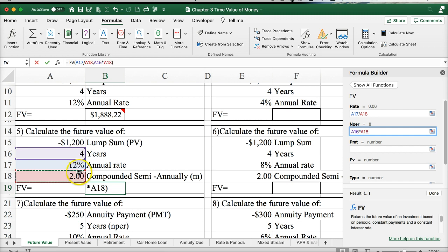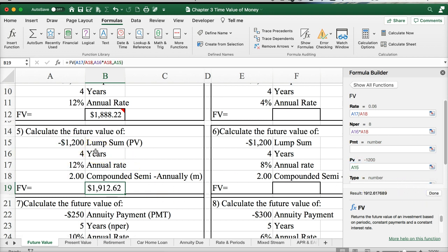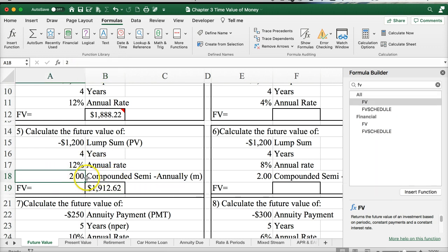This denotes that it's compounding twice a year. So I have to divide the rate and multiply the periods, and then put the present value in there, the same present value, and this will calculate the future value based on semi-annual compounding, which is 2. Quarterly would be 4, monthly would be 12.